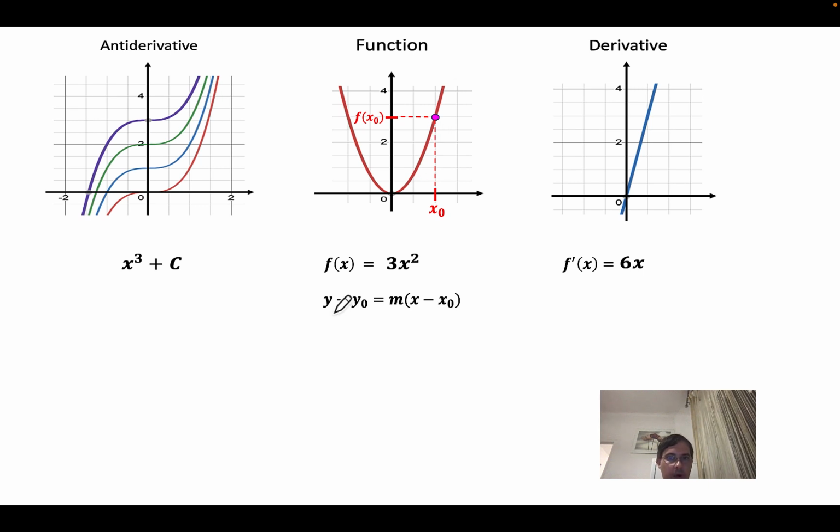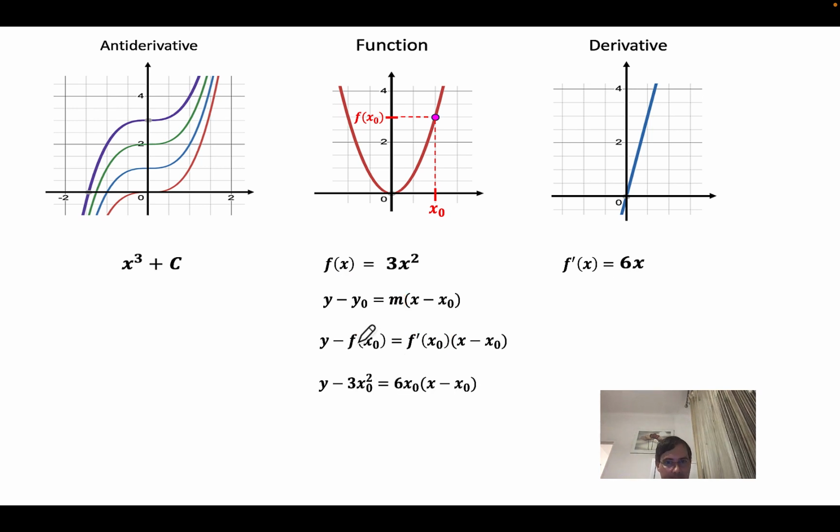The point slope formula says y minus y0 is m times x minus x0. So m, that's exactly the slope, and y0, that's this point, and x0, that's exactly this given point. So now, as we just mentioned, m is f prime of x0. This was my function f. First I need to compute f prime of x0, which is going to be 6 times x0.